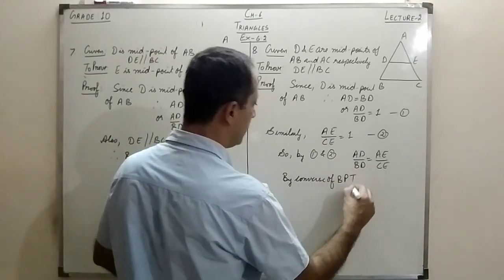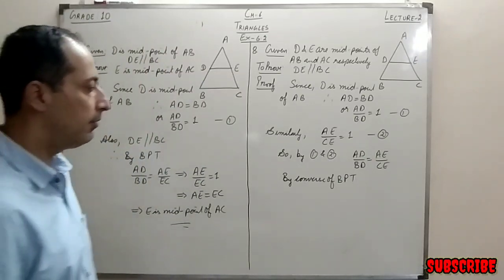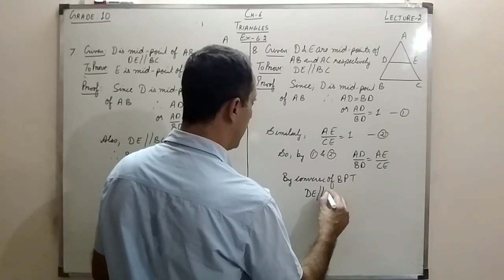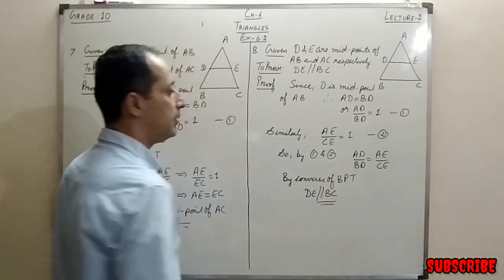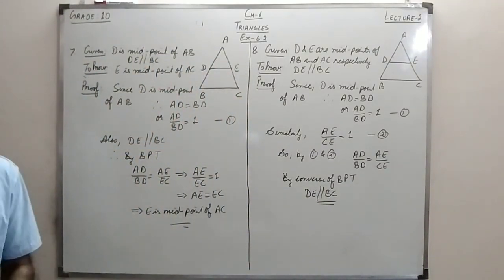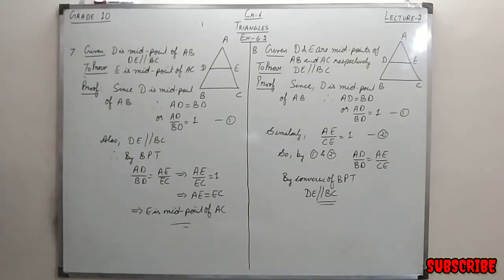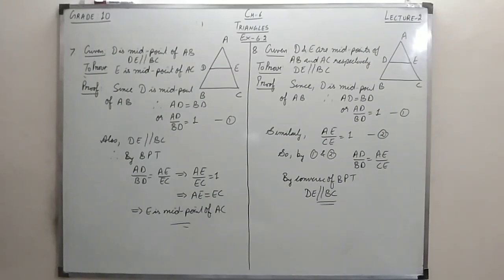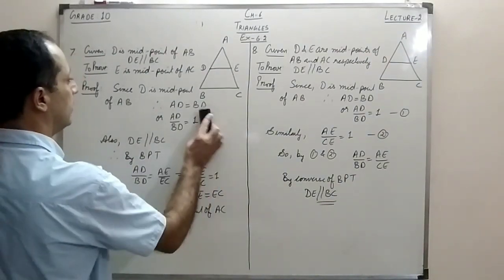By converse of BPT, what I can say? That DE is parallel to BC. So we can say that the midpoint theorem and the converse of midpoint theorem can also be proved using the BPT and the converse of BPT theorem, right? Now let's see the next question. That is the 9th question of this exercise.